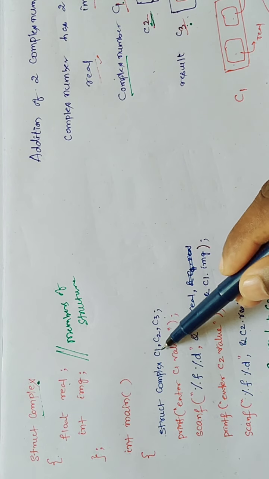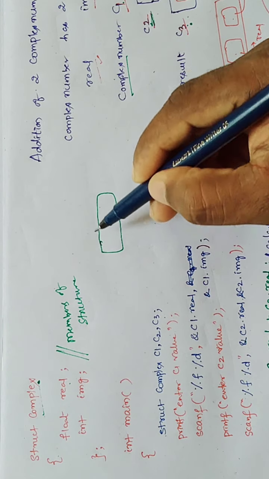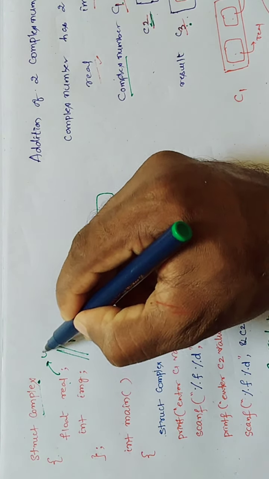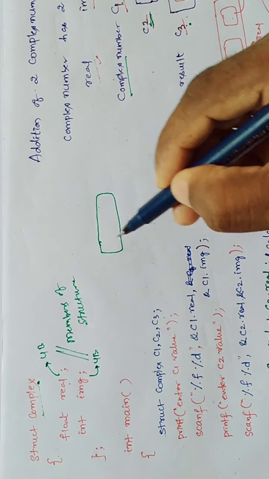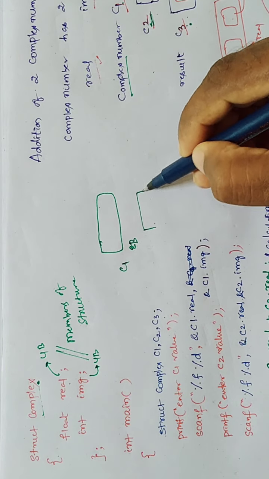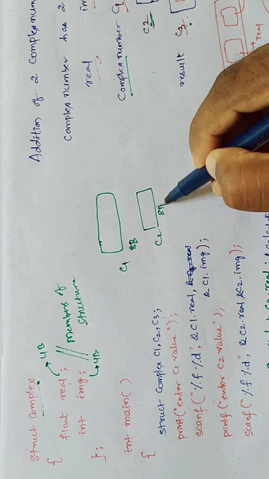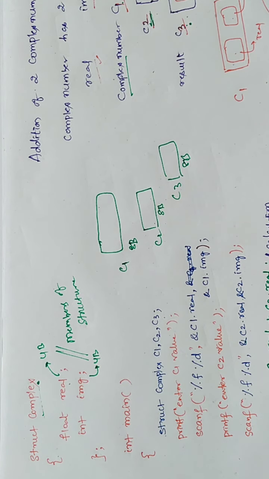Whenever I created C1, C2, C3, C1 has some space. This is 4 bytes, this is also 4 bytes, so a total of 8 bytes of space will be created under C1. Same way under C2, 8 bytes, and under C3 also 8 bytes.